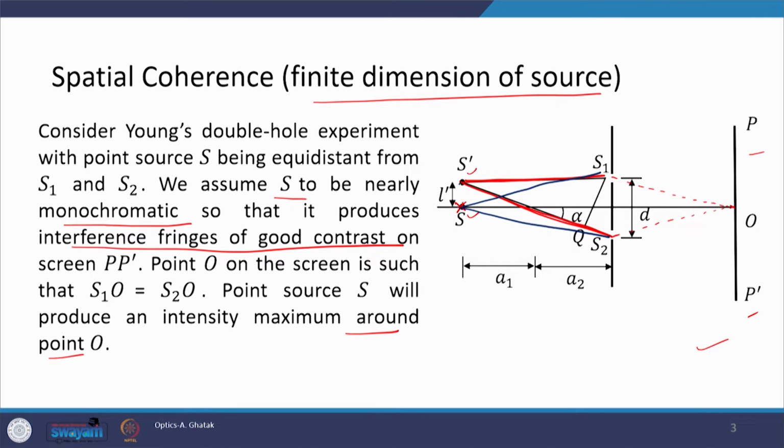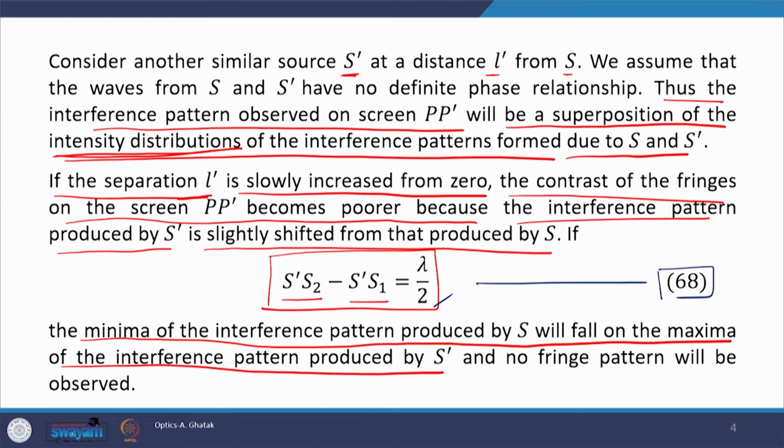The rays reaching points S1 and S2 from S prime would have a slight phase difference, and if this phase difference is a half integral multiple of lambda, then the minima of the interference pattern produced by S will fall on the maxima of the interference pattern produced by S prime, and this ultimately will give no fringe pattern. A uniform illumination on the screen will be visible therefore.